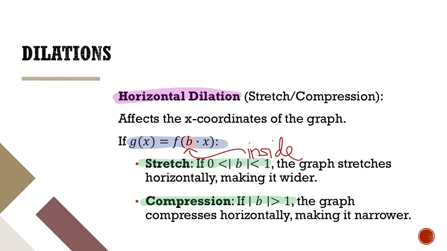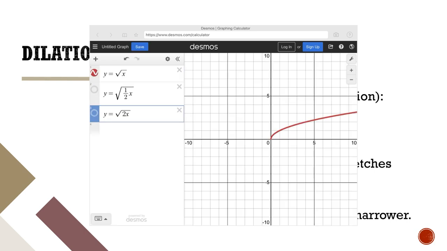So let's look at some Desmos. Looking at this on Desmos here, we have our original y equals square root of x. If I plug in 1/2, what's going to happen is it's going to stretch horizontally, making it wider. So it's going to actually shift it faster to the right versus going slower to the right.